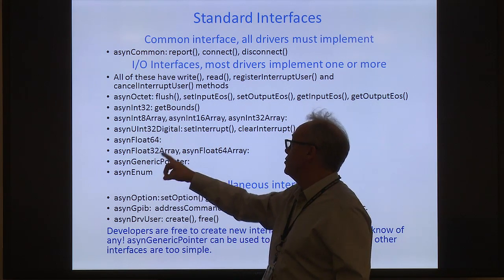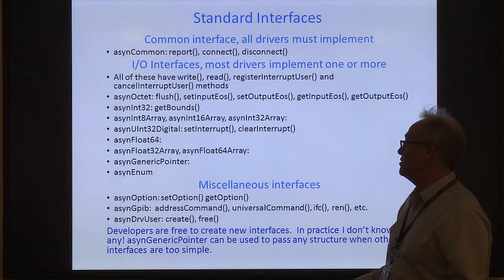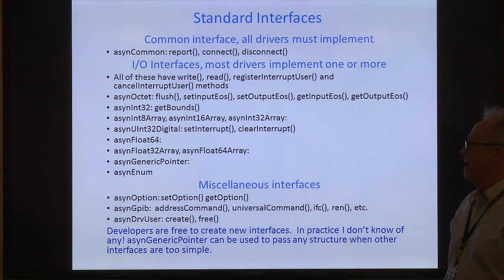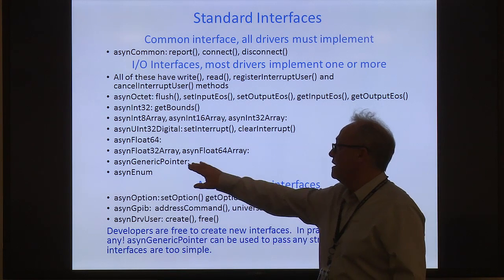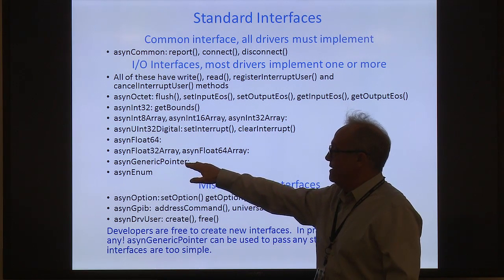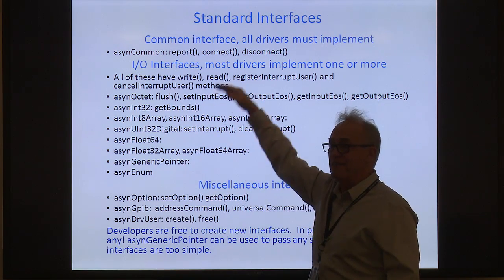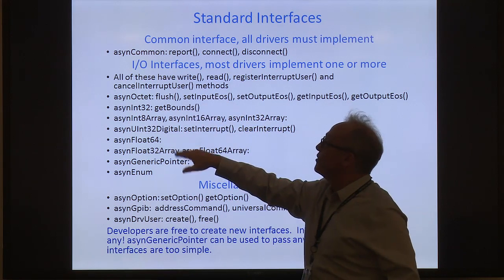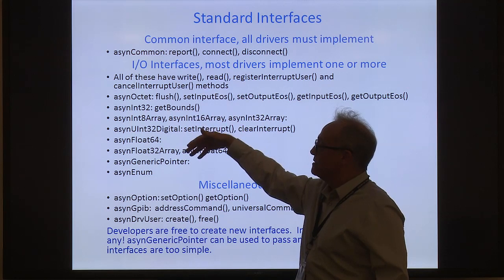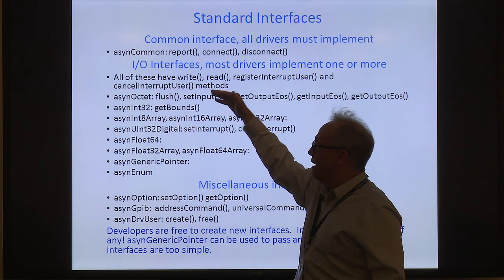And then there are 32 and 64-bit array interfaces, and a generic pointer interface. This interface is used for when the thing that you need to pass to the driver is more complicated than these data structures. You use the others for simple data structures: integers, strings, numeric arrays.